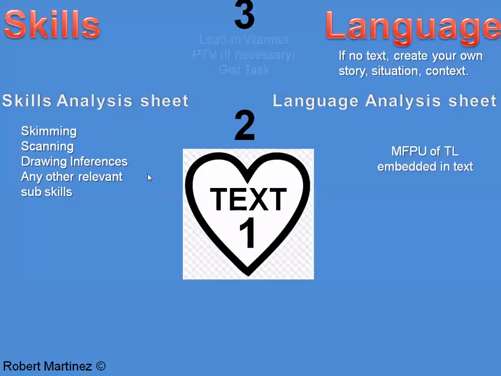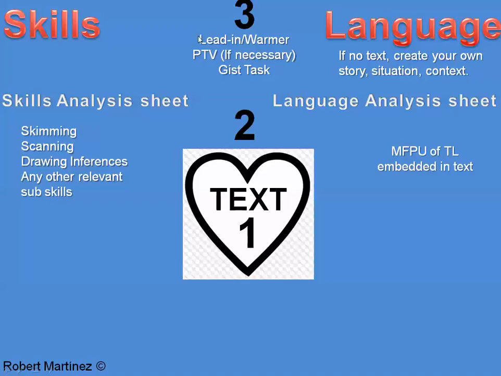The third step would be then identifying what you're going to be doing as a lead-in or warmer, whether you want or need to pre-teach any vocabulary, and preparing a gist task for your lesson.